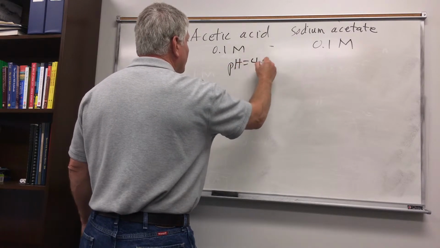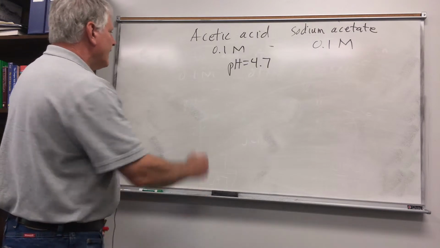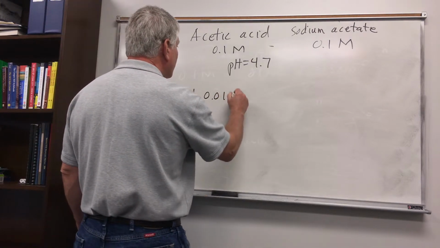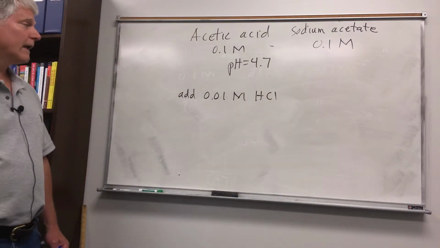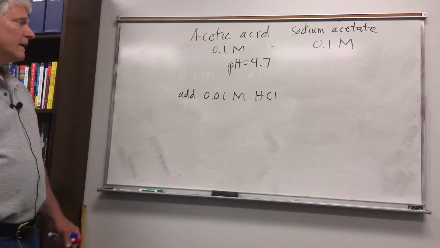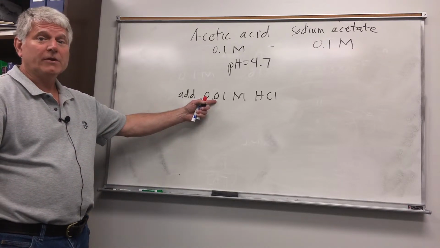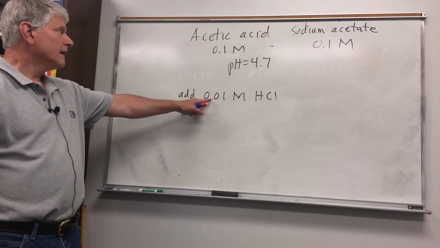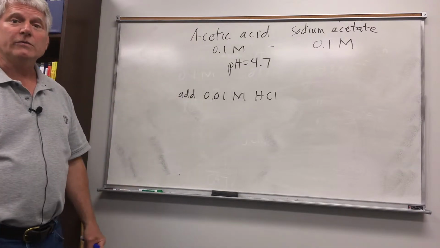We saw the buffer solution has a pH of 4.7. And so now let's add 0.01 molar hydrochloric acid. This is strong acid, and if we added this to pure water, the pH would go from 7 to 2. There'll be a drastic change in the pH. Let's see how the pH will change when we add this to our buffer solution.